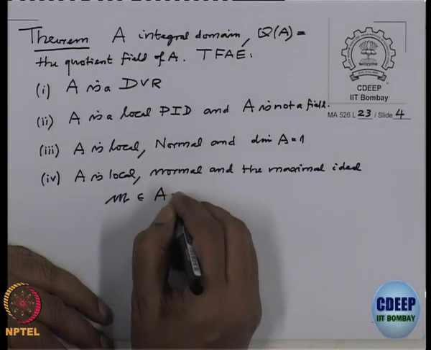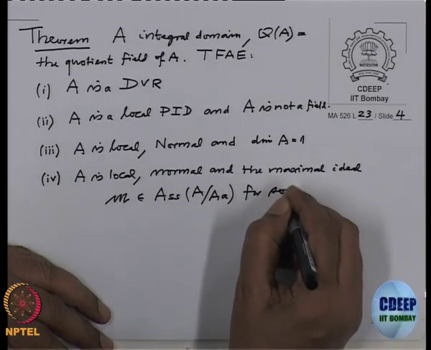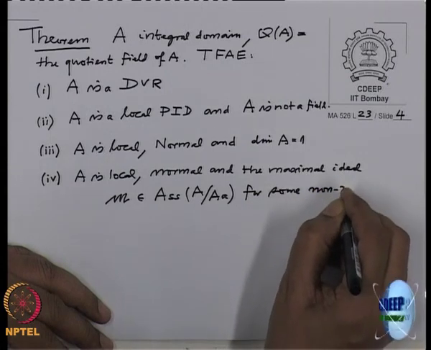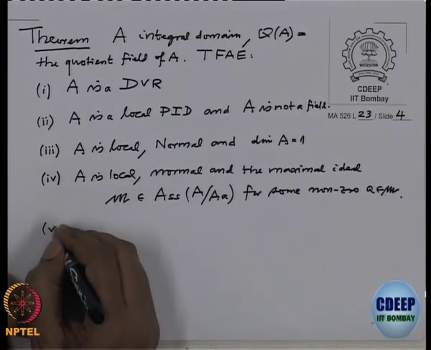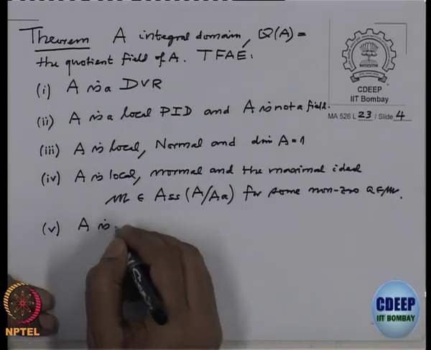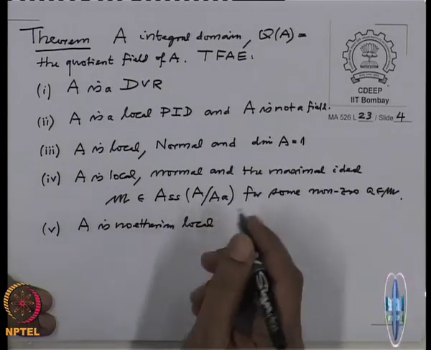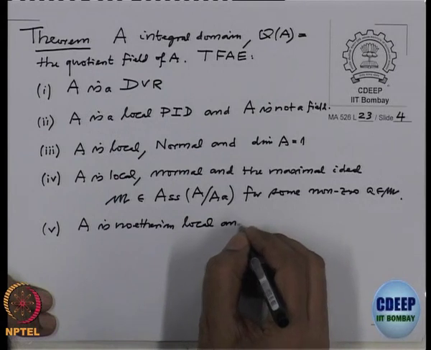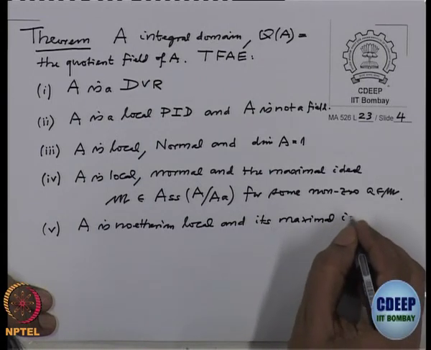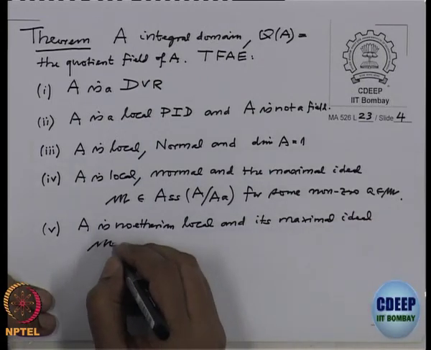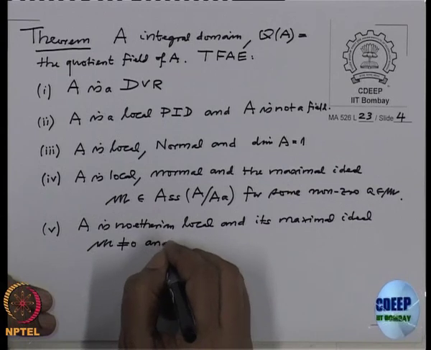That is, M belongs to the associated primes of A/(a) for some non-zero a in A. Five, A is Noetherian local, and its maximal ideal M is non-zero and principal.